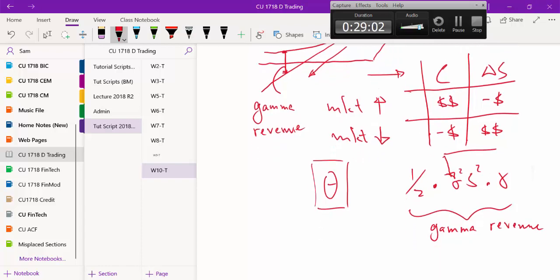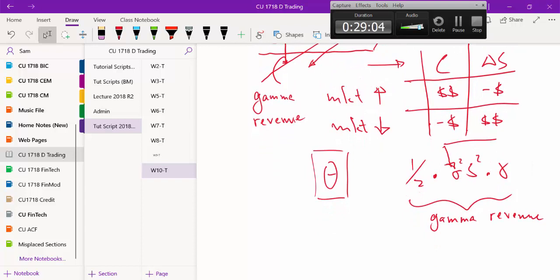This is the gamma revenue, and this is the time decay. Now, by the way, this theta value, df by dt, I ask you, this quantity, df by dt, is it positive or is it negative?